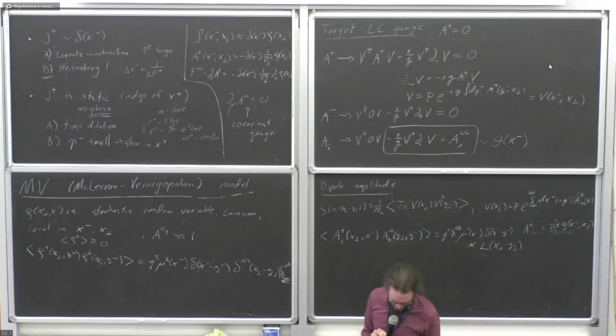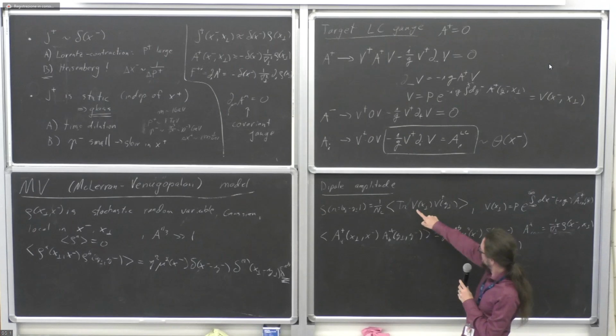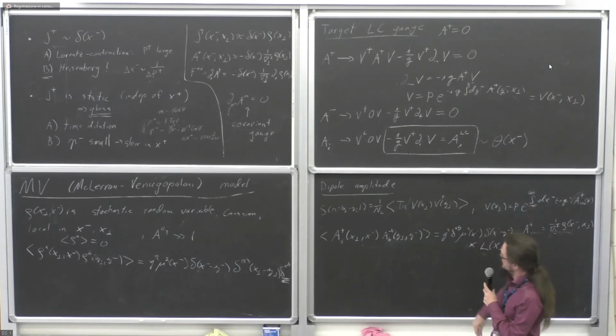So now, the general strategy. We have this correlator which goes into the exponent of these Wilson lines, which are these path-ordered exponents.